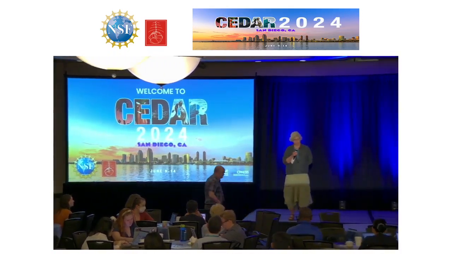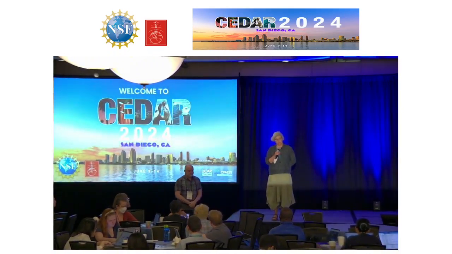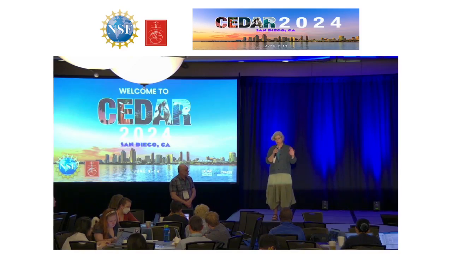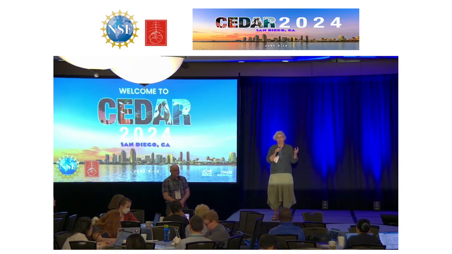In terms of timing and so on, I think it's important, especially for people who haven't been involved in writing some of these documents, to recognize the difference between something like the decadal and this CEDAR vision document, which is what the scientists think are the important science goals to be propagated.